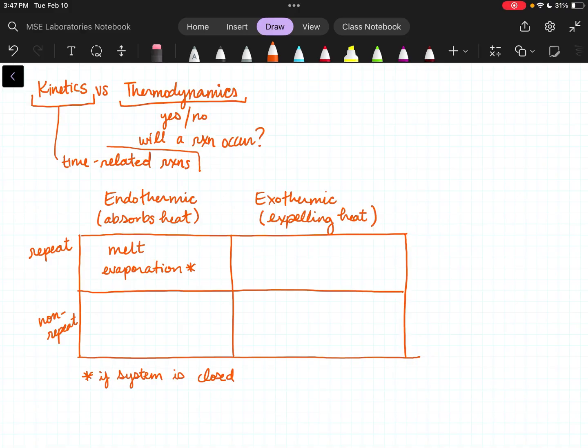Exothermic would be going the other way, so that would be crystallization, also known as freezing. Or condensation.